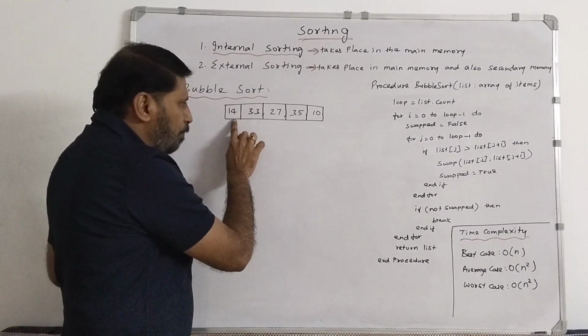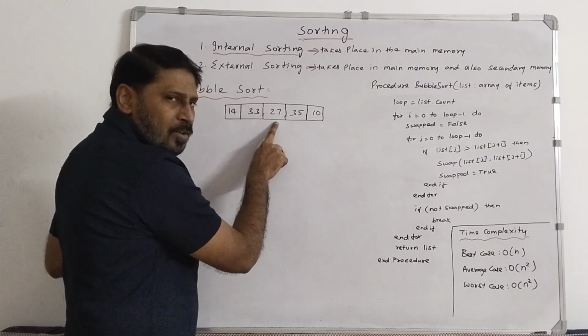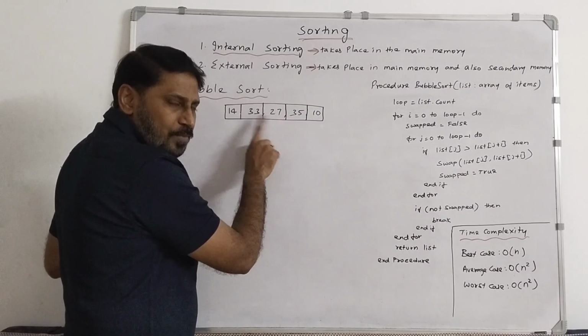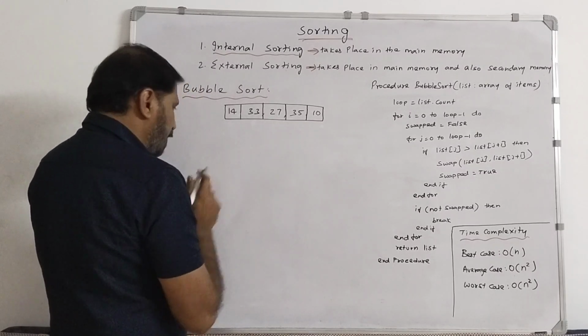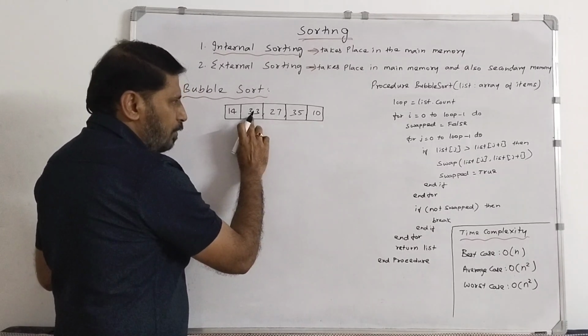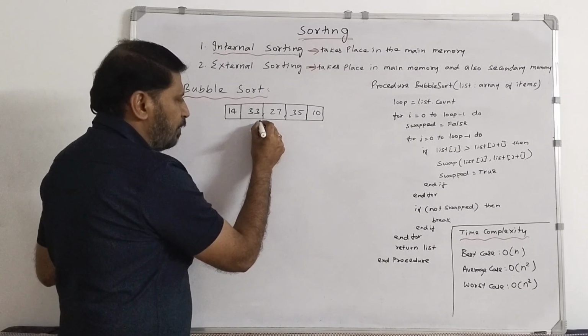Next, we take the second and third numbers and compare them. 33 and 27: 27 is the lesser number, 33 is the greater number, so a swap takes place.